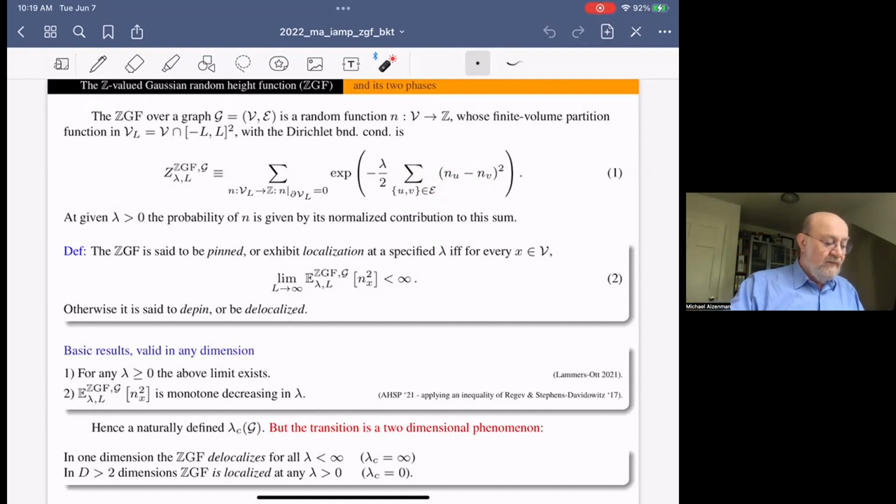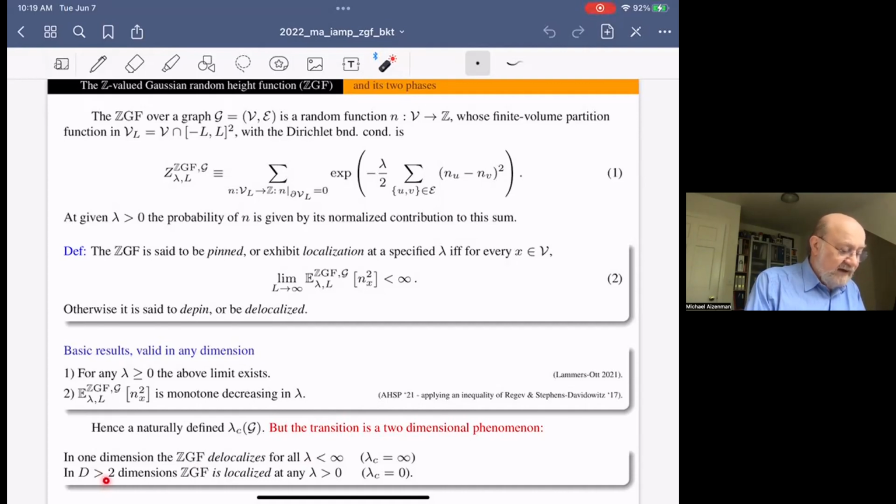And as you know, the position of the random walk in one dimension drifts to infinity. The variance increases. So in one dimension, the integer valued Gaussian field delocalizes for all positive lambda, no matter how large.